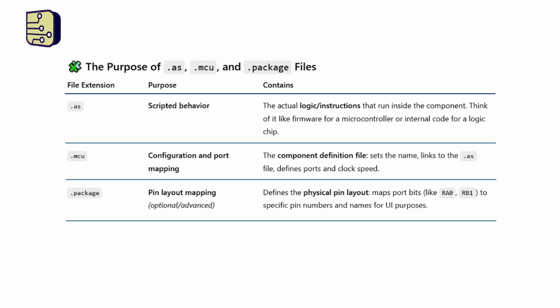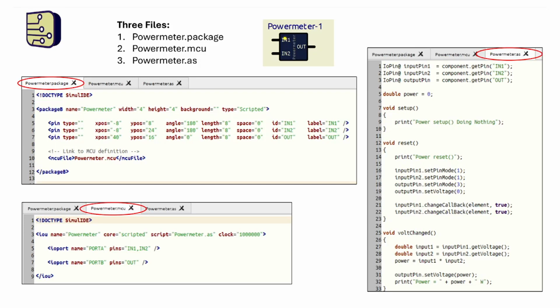It lists the pin definitions, which are the names, directions, and types, as well as the component properties and default settings. The .package file defines the visual representation and pin layout in the schematic. It defines the component drawing or symbol with pin positions, labels, and graphical layout.